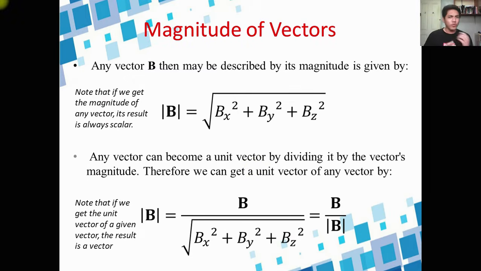So we have what we call the magnitude of the vectors and the unit vectors. Any vector B may be described by its magnitude given by this equation. Magnitude is represented by an absolute value. When I'm teaching vector analysis, I always use the double absolute value to denote that it is different from the absolute value.